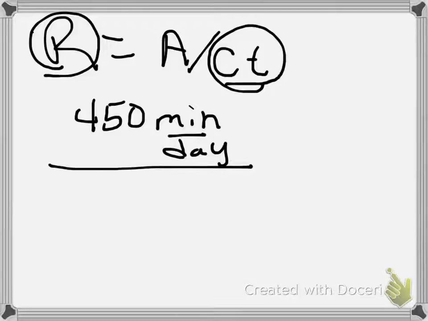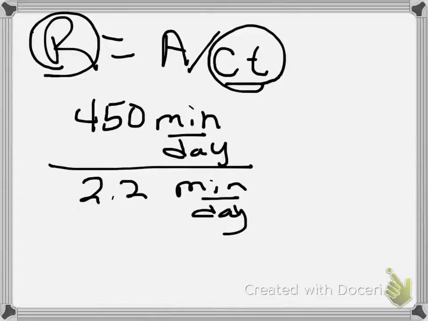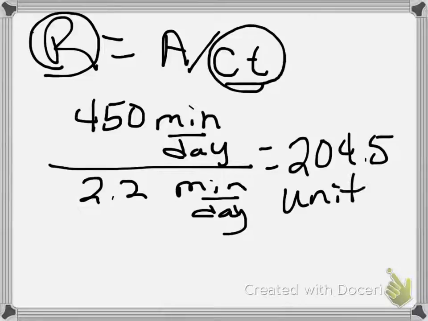We've already determined that the minimum cycle time is 2.2 minutes. So output equals 450 divided by 2.2, or 204.5 units per day. So our maximum is 204 units per day.